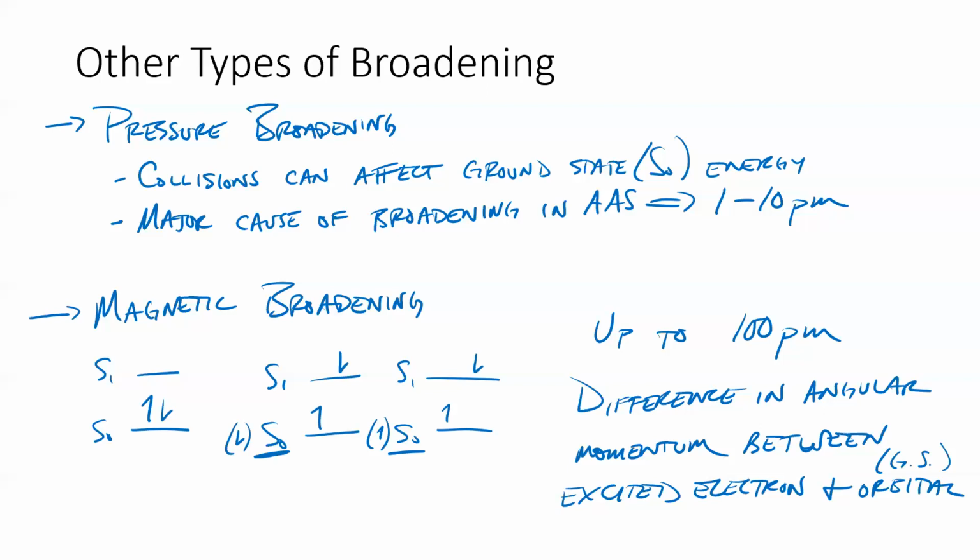And there's a very small magnetic field due to the orbit of the Earth one way or the other. If that orbital has the same spin as our electron, then it's going to be easier to pull that electron out because they're not matched. Remember, when we say matched spin, we mean one up, one down. It's going to be easier to pull it out if they're both in the same direction than if it's in opposite directions.